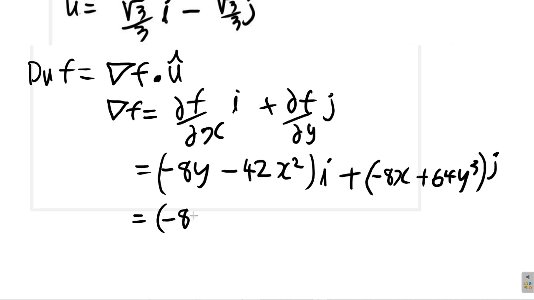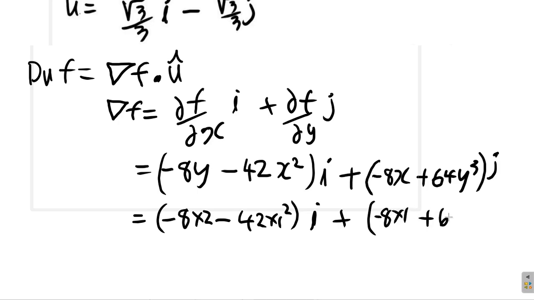So negative 8 times 2 minus 12 times 1 squared i plus, and then x equal 1, so it's negative 8 times 1 plus 64 times 2 cubed j.